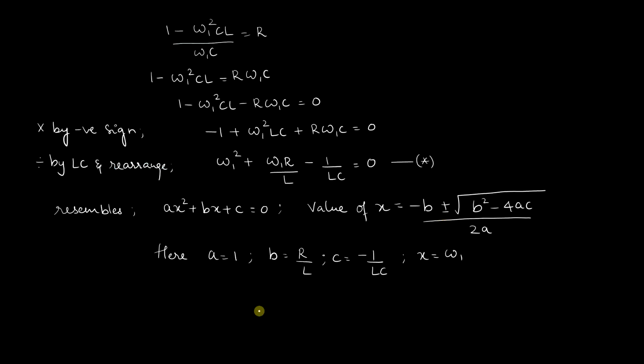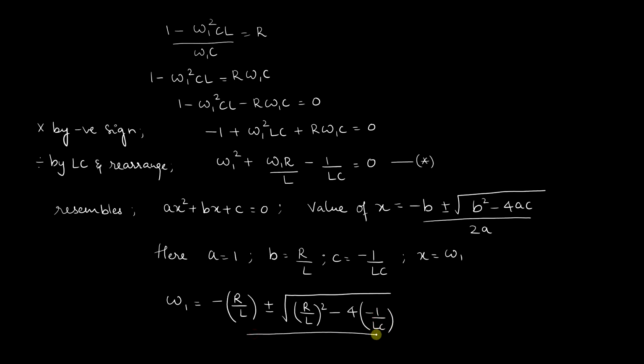So solve. This is omega 1 equal to minus of R by L plus or minus square root of b square, R by L the whole square, minus 4 into ac, where a is 1, c is minus 1 by LC, divided by 2a. A is 1, so divided by 2. Minus minus becomes plus. This 2 you can bring to the numerator.